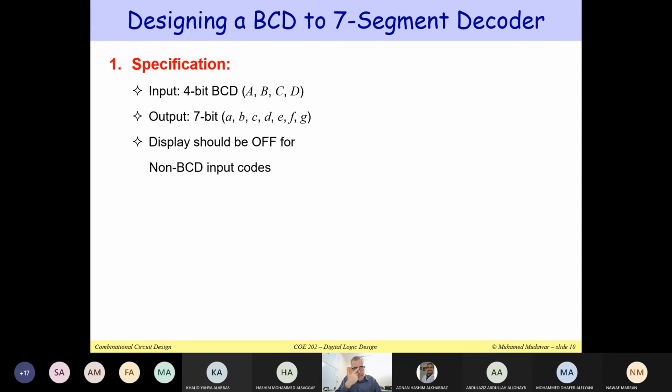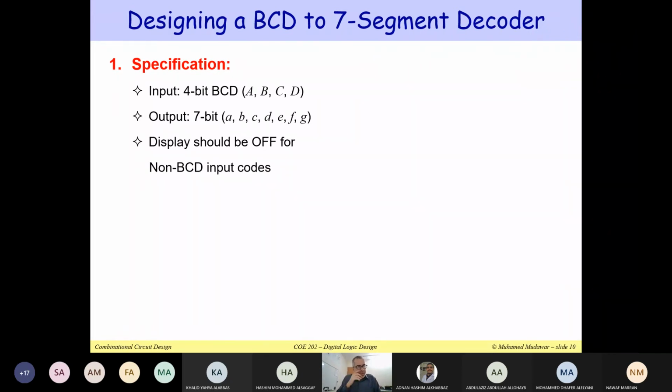These are non-BCD inputs. So the specification requires us to turn off the display if the input is non-BCD. So we don't really want to use don't cares. We would like to have zeros in the output, indicating that these light emitting diodes, these 7 segments, should be all turned off. So this is my specification.